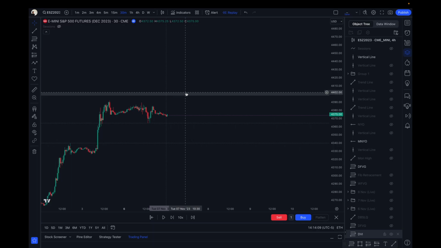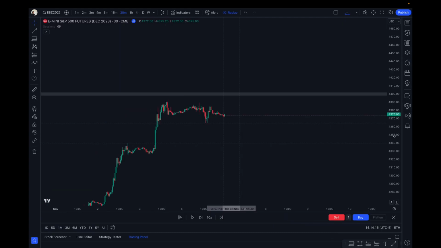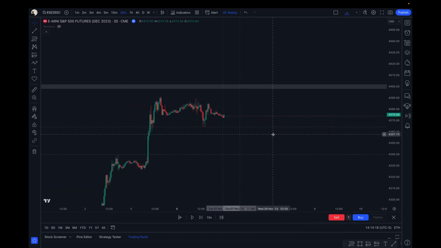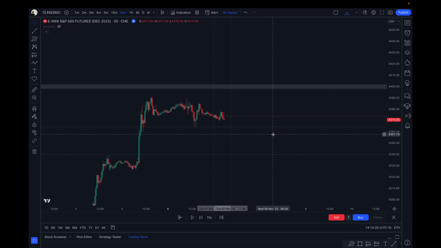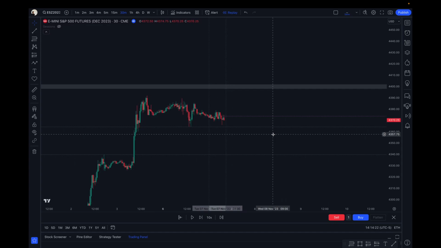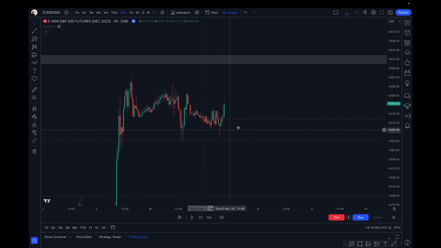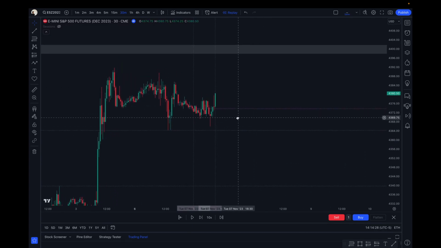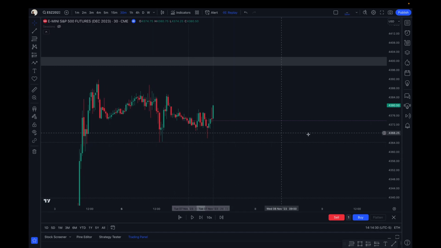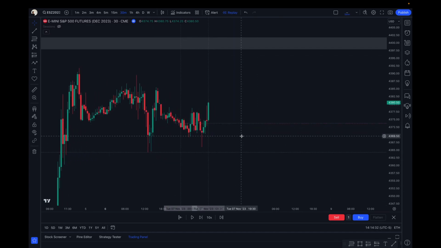In this backtest, I'm only gonna backtest the New York morning session, which starts at 8:30, but we're gonna start entering from 9:30. Through my backtest experience, 9:30 to 11 has the most highly probable setups.